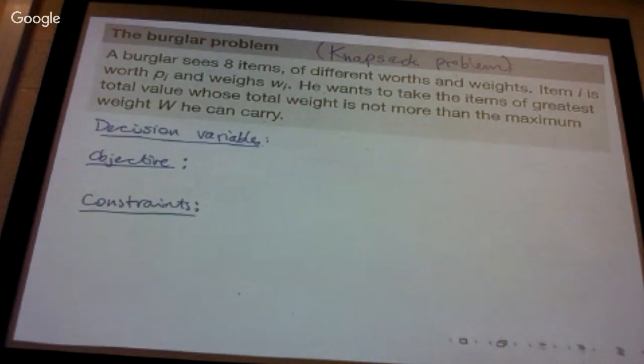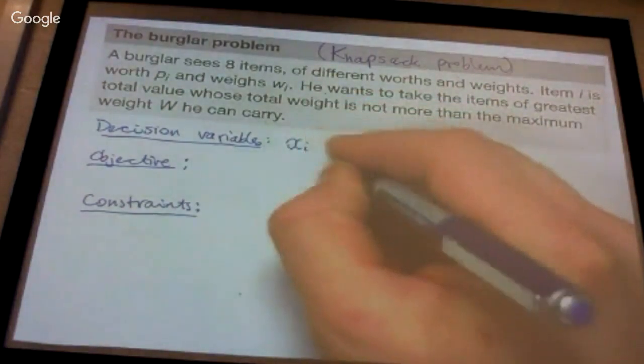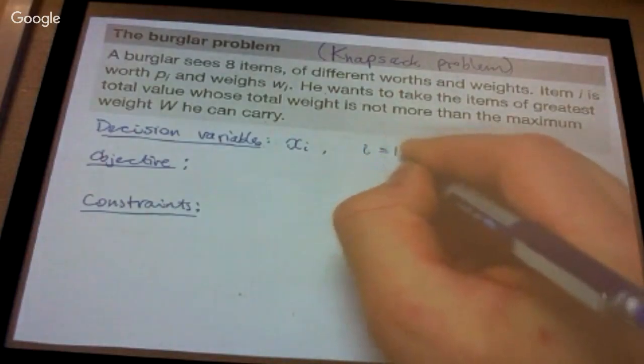Any decision variable? If you refer to each item, yeah, 8 items. What do you want to call them? Okay, i going from 1 to 8.